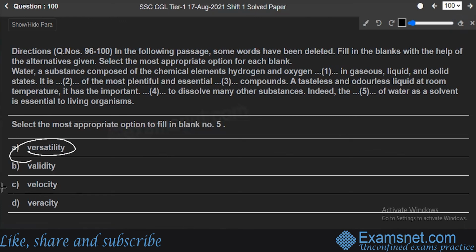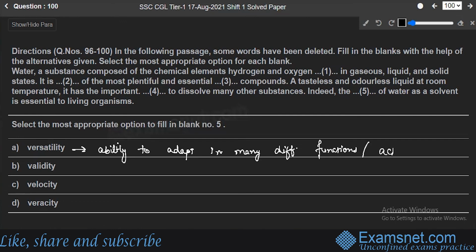Versatility means ability to adapt in many different functions or activities, right? Let's see the meaning of the other words.